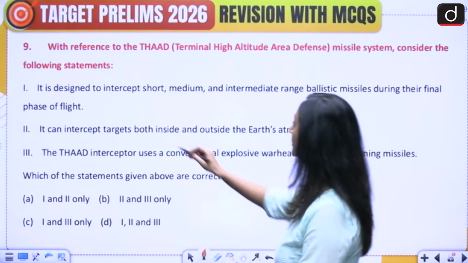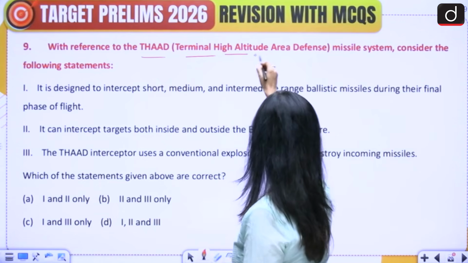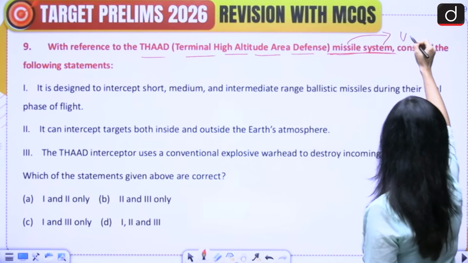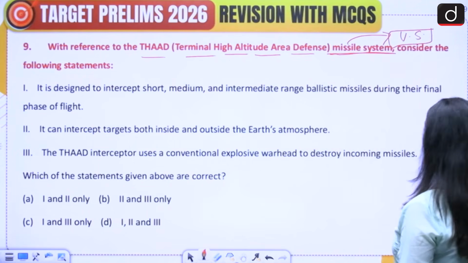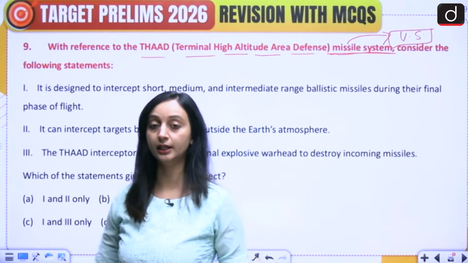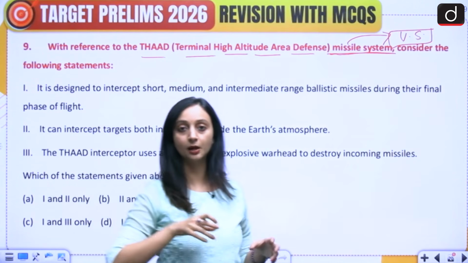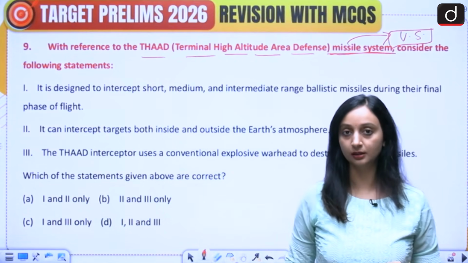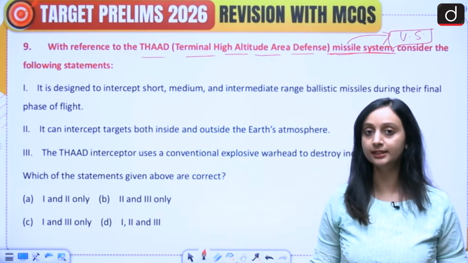Okay, so THAAD, or Terminal High Altitude Area Defense Missile System, is a missile system of which country? The United States. It's a missile system of the United States, and it actually intercepts and destroys the incoming missiles in their final stage. So just as they are going to hit the target, it intercepts and destroys these missiles.